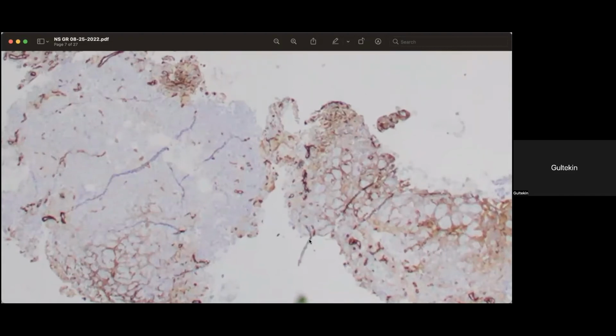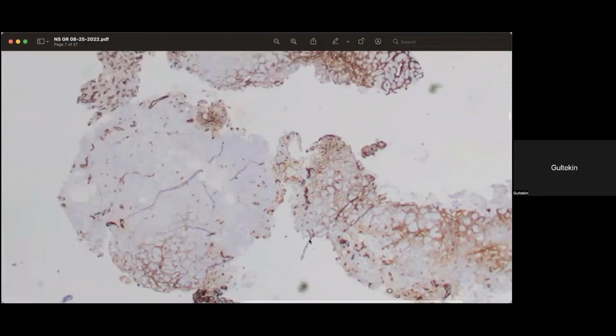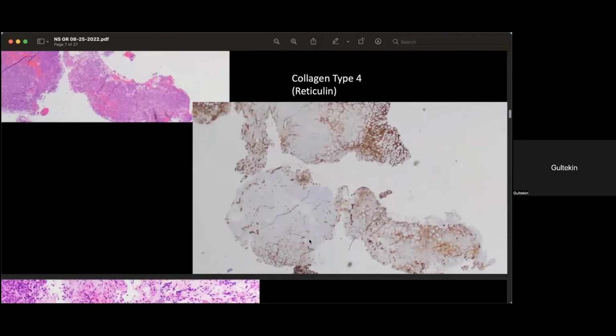So you don't see the round acinar architecture on the left side. That means that there is lesional tissue there. Typically in pituitary adenomas, loss of acinar architecture on the reticulin stain is a good sign of the presence of pituitary adenoma.